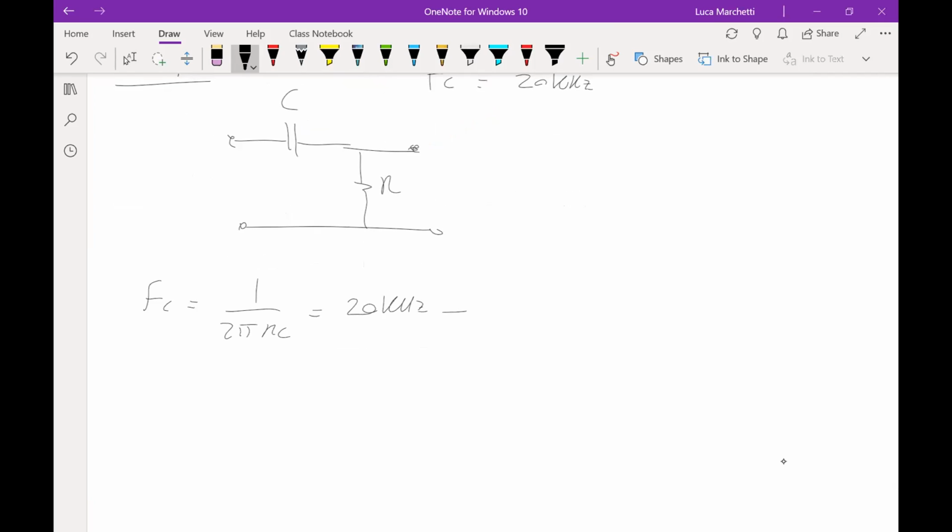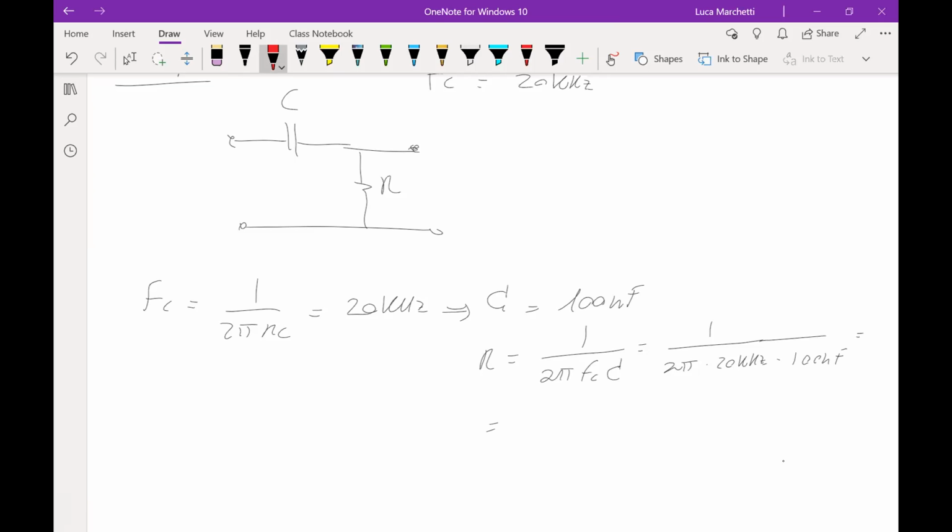This means that I may choose again, let's try to change it, 100 nanofarad capacitance. And then if I use that, we know that the resistance is equal to 1 over 2 pi Fc multiplied by C. Fc is 20 kilohertz, multiplied by C, which is 100 nano.